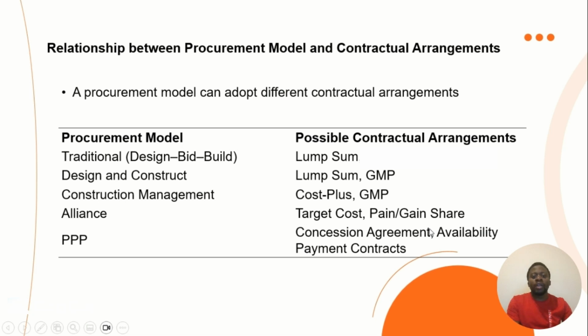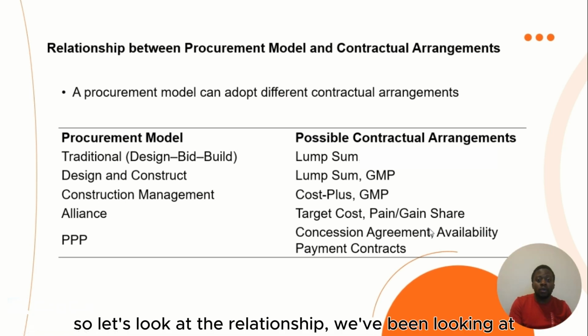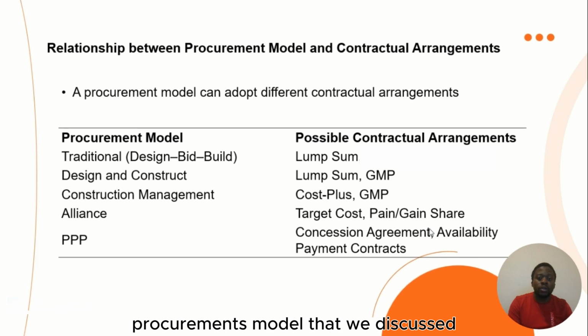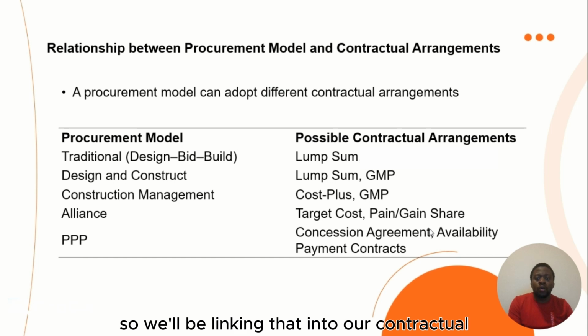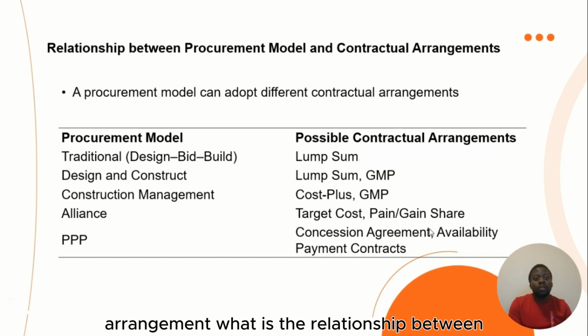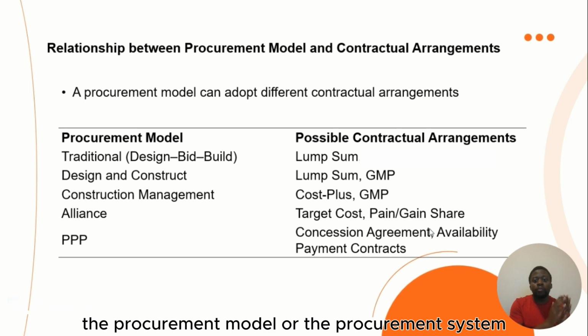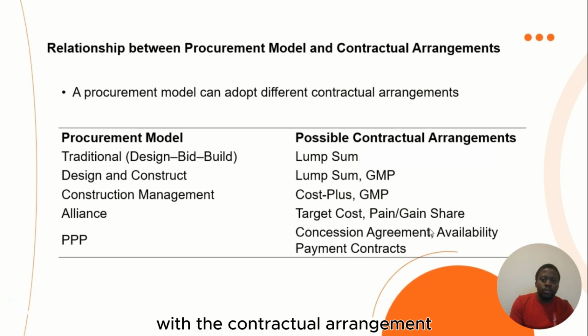So let's look at the relationship. We've been looking at different procurement models that we discussed in our previous videos. So we'll be linking that into our contractual arrangement. What is the relationship between the procurement model or the procurement system and the contractual arrangement?